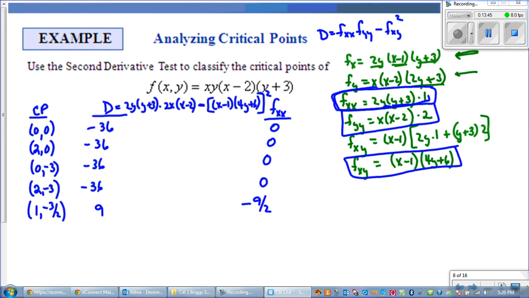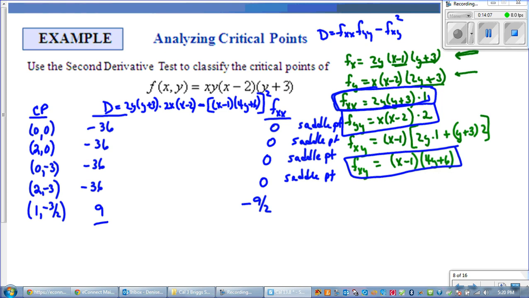So now let's classify. When D was negative, we had saddle points. So that's a saddle point. This one's a saddle point. So as long as the D was negative, we have saddle points.